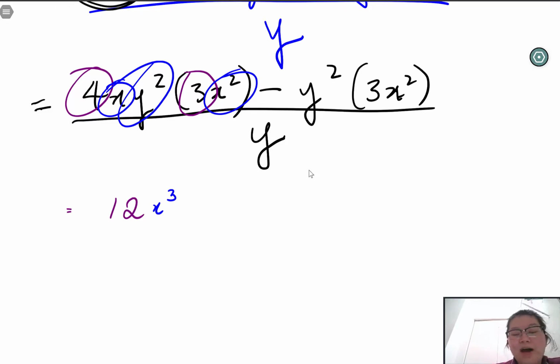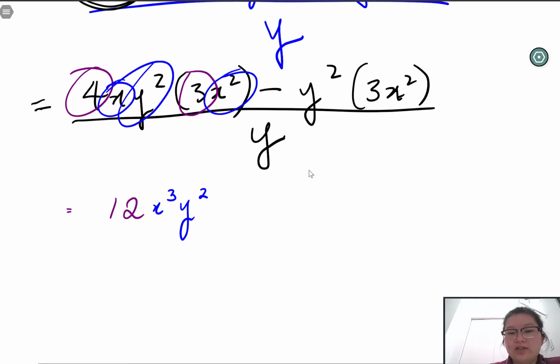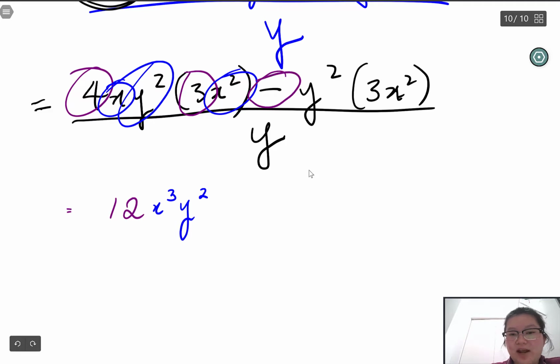So y squared by itself, it's its own little group or its own little clan. So it has nobody to pair with, so we just leave it as is. Next up, our next term is the y squared and a 3x squared. So again, I still have to subtract, and there's no other minus sign, so that's going to remain as a minus sign, and a 3 is right there, and there's nothing to pair with a 3, so that's it.